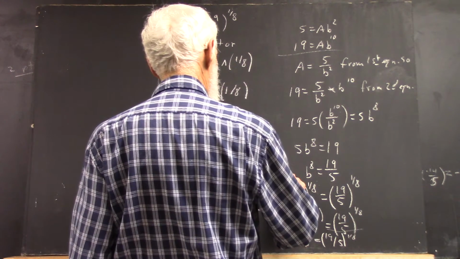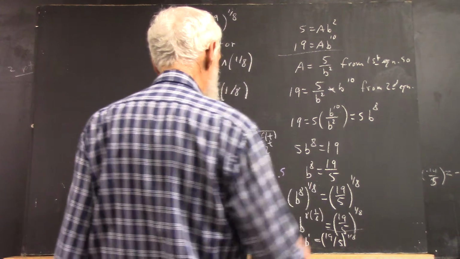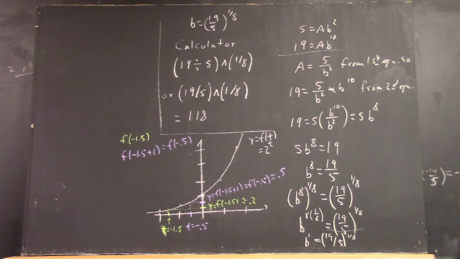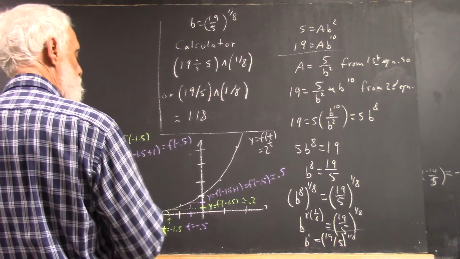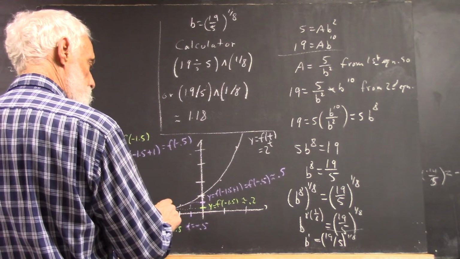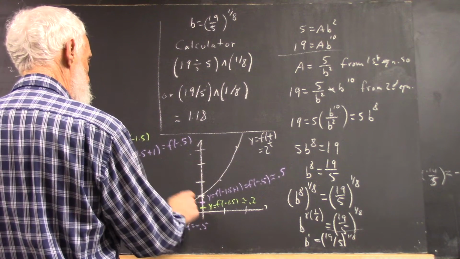I'm going to say 0.5. It's still not accurate. Okay? If you do this very accurately, you're going to get a result that's kind of predictable. Anyhow, so this is the point.